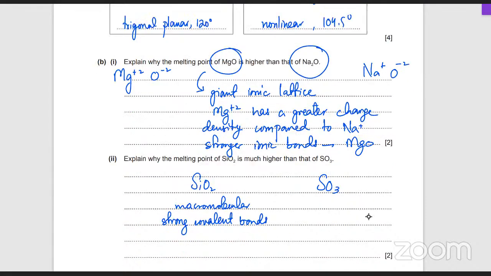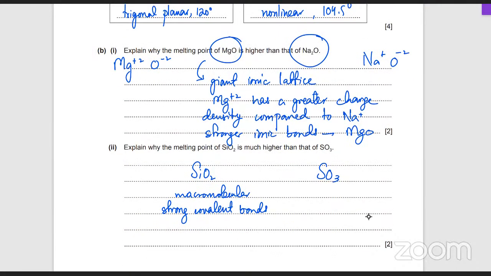So a large network of strong covalent bonds needs to be broken. This is simple molecular. What bonds are broken? What force is broken? The weak intermolecular forces. ठीक है, only weak intermolecular forces.